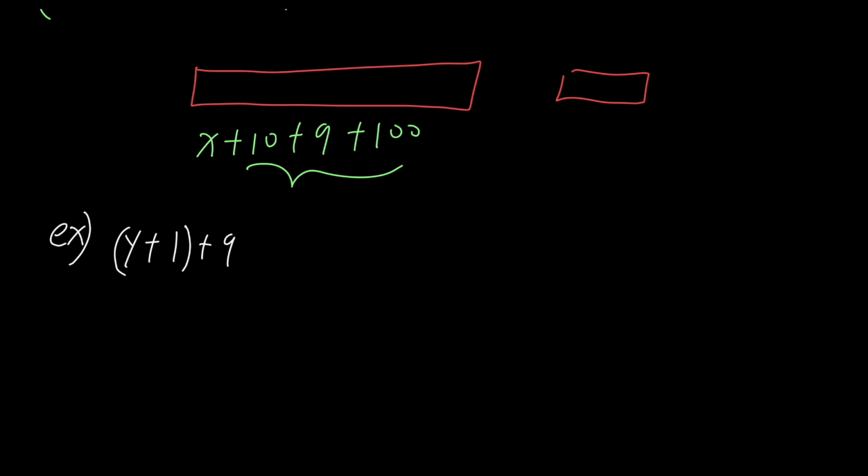Remember we learned about the associative property, right? It says a plus b plus c equals a plus b plus c, but I put the parentheses around a and b, and it's still the same if I put the parentheses around b and c. The result will be the same. Does that look similar to this general form?